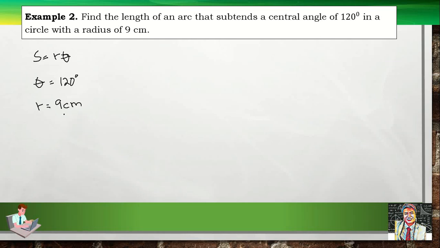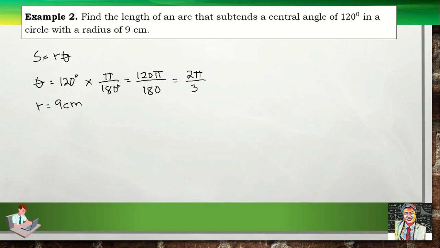So we convert this degree to radian measure by multiplying by pi over 180 degrees. That becomes 120 degrees times pi over 180, and in lowest terms that is 2 pi over 3. To see how it was reduced, watch my previous video where I explained how.